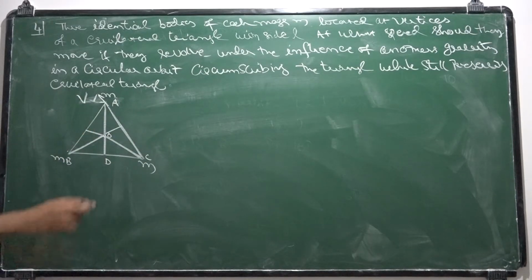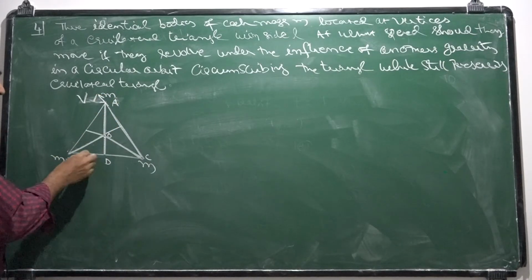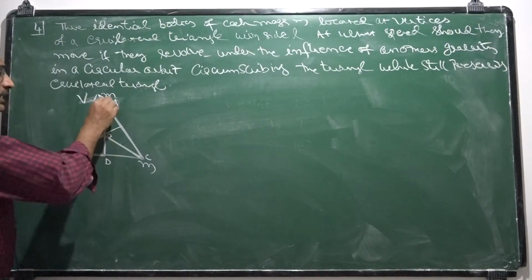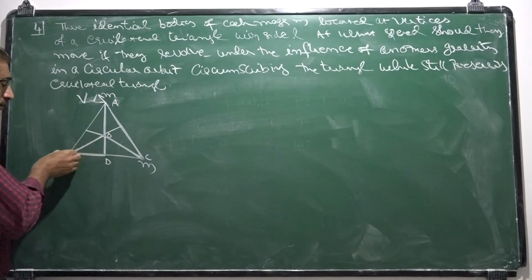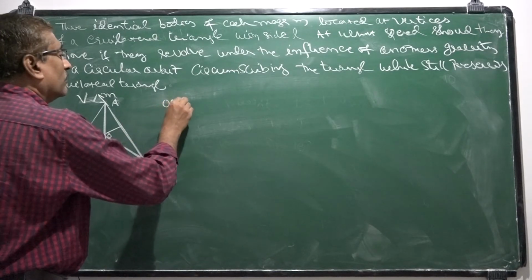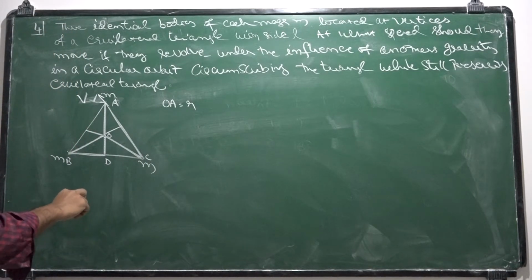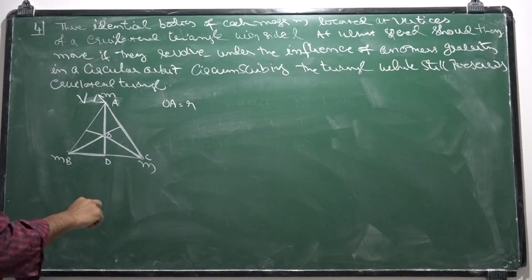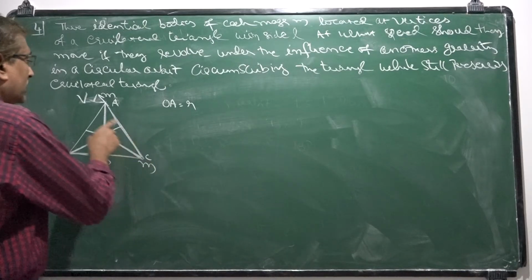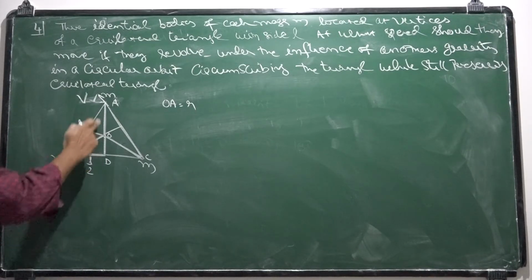Okay. Now first we have to calculate the distance. Let us assume OA is equal to R. This side is L and this is L by 2, so the height is root 3 by 2.